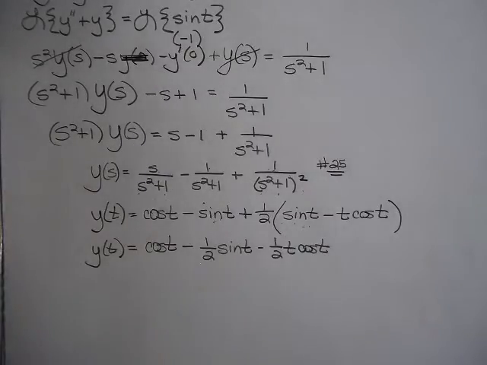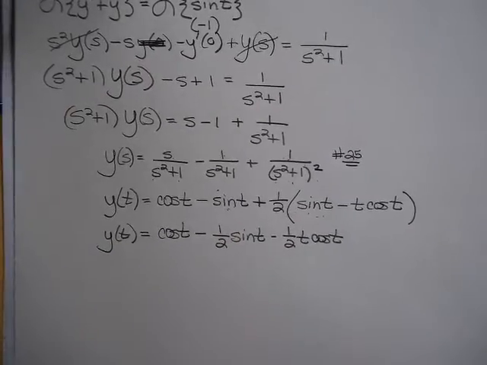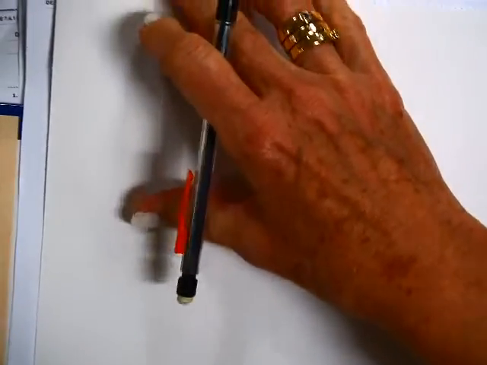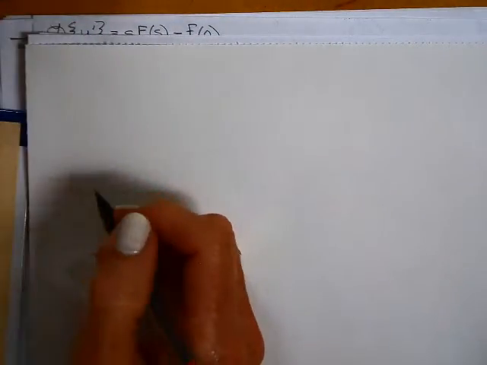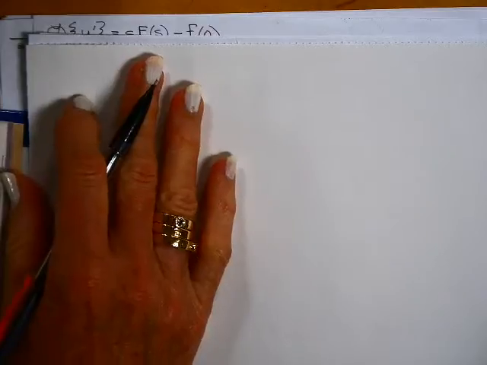Let me look at one more. Back to the right section. Okay, let's do number 14 because it's got a piecewise function in there, unit step function, and everything all at one time. So that sounds like fun. So 14.